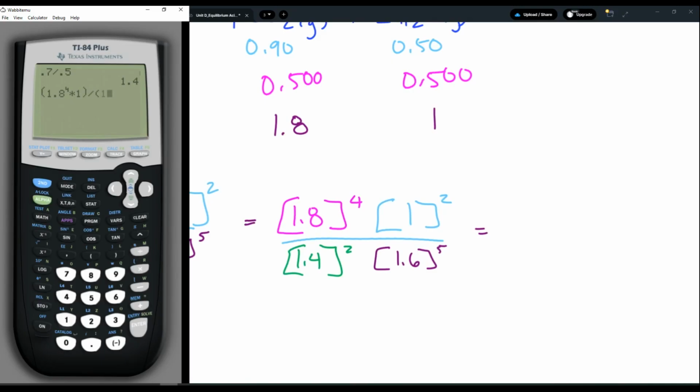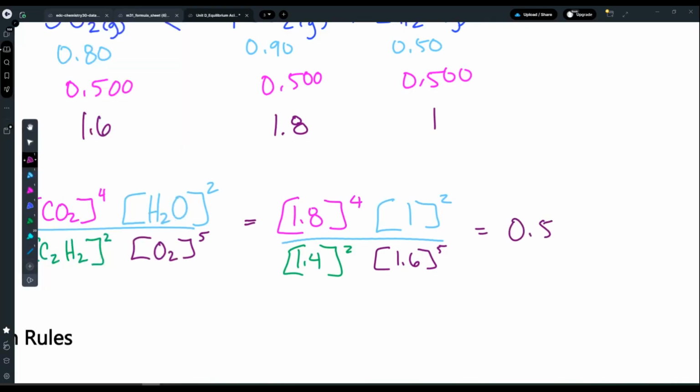Divided by 1.4 to the power of 2 times, don't need that bracket, 1.6 to the power of 5. Hit enter and we get 0.5107, goes on forever.